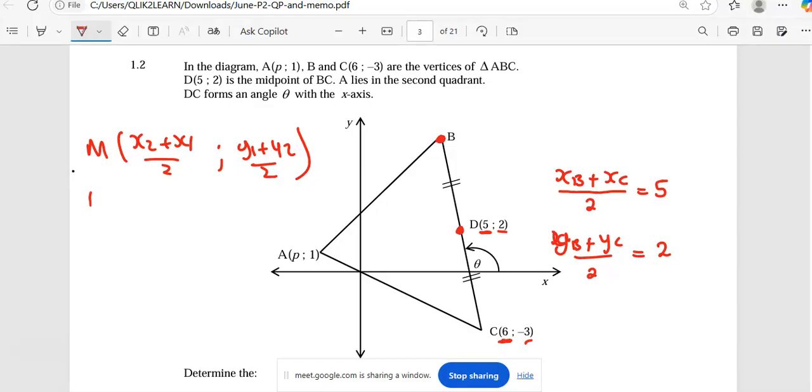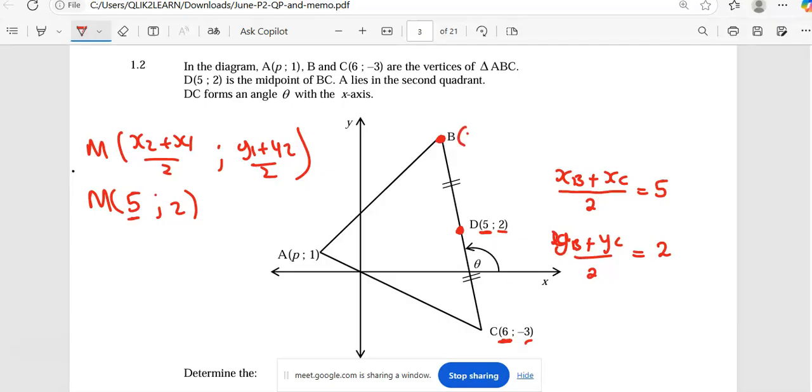So now the midpoint will be what? Remember already we have the midpoint, which is D, and the coordinates are 5 and 2. How did I get this 5? I have to add x1 and x2 on this line.